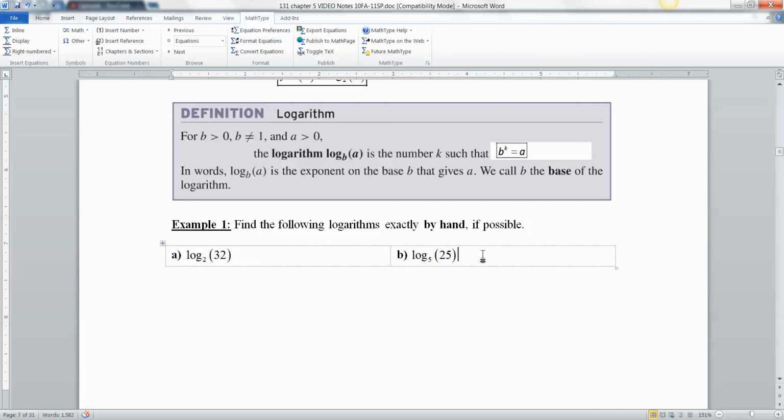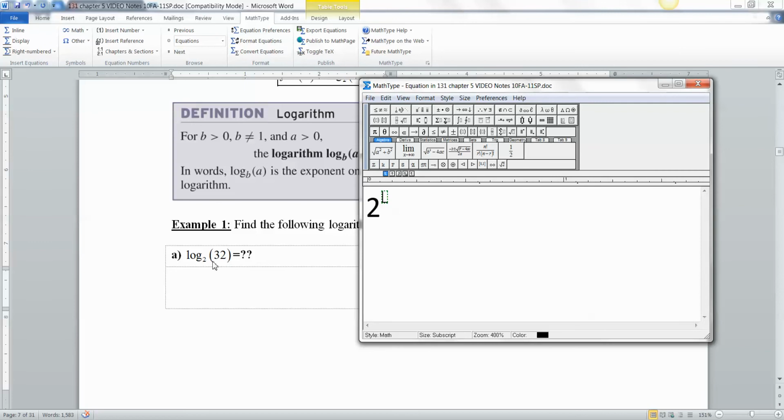All right, so let's find these by hand, which is good because I don't have a calculator right now. So we're going to find the log base 2 of 32. So this is going to be equal to some number. And the question is, what number is it equal to? Because if I rewrote it using this definition up here, 2 would be my base. So 2 to the what power is equal to 32?